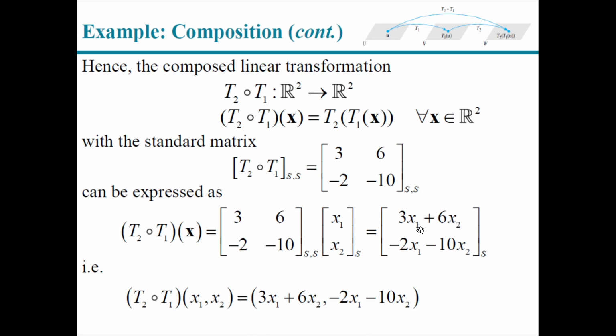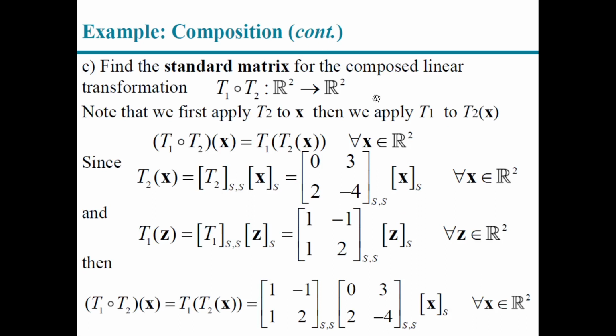First component is this guy and the second component is this guy. So the linear transformation that is the composition of T2 and T1 is expressed this way. So that's it. We had the standard matrix and we multiplied by x1, x2, and we got the description of the new composed linear transformation T2 circle T1. So the order is preserved, nothing special.